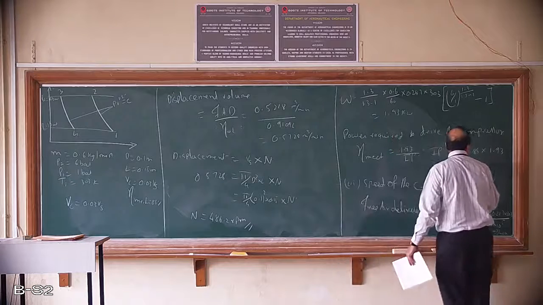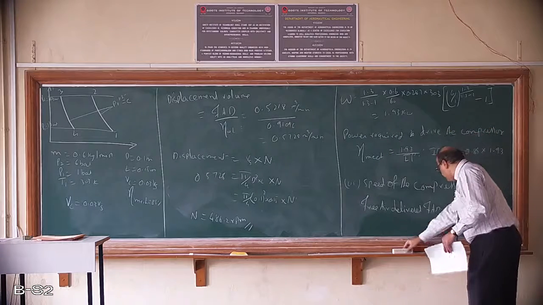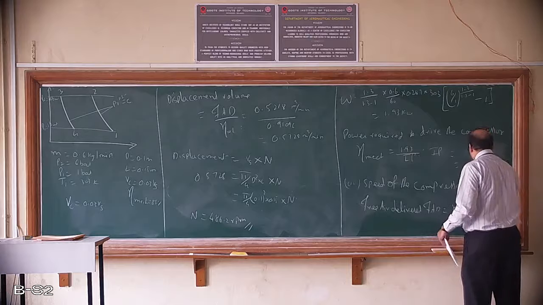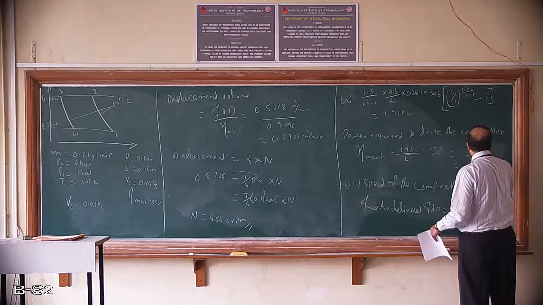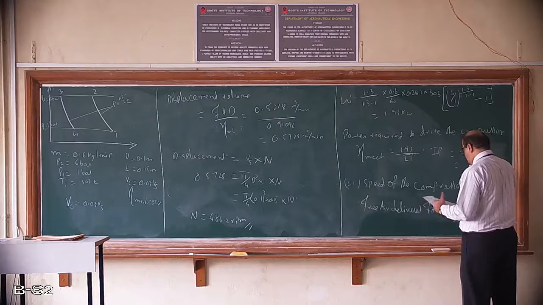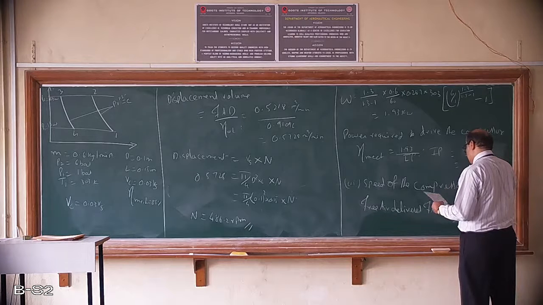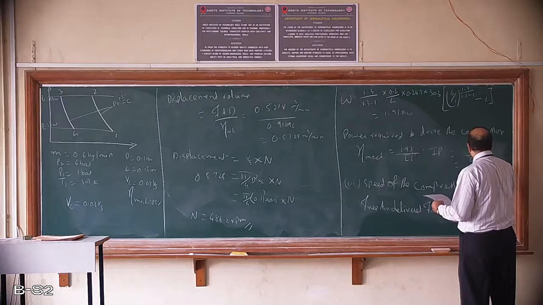Therefore, IP is equal to 1.93 divided by 0.85. We get this as 2.27 kilowatts.